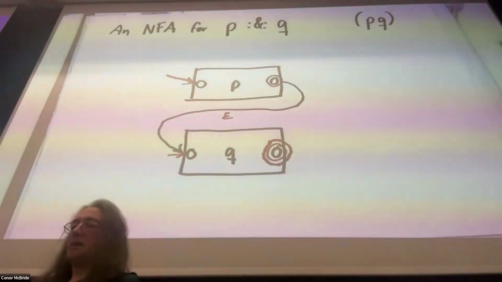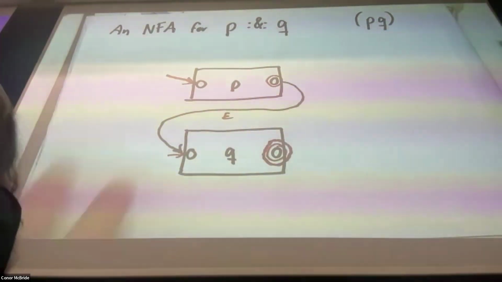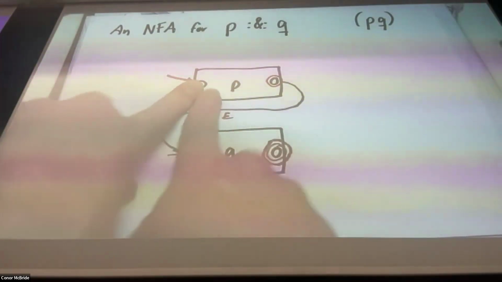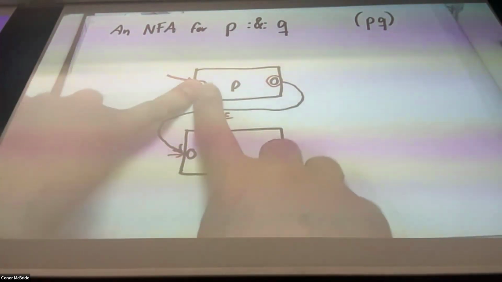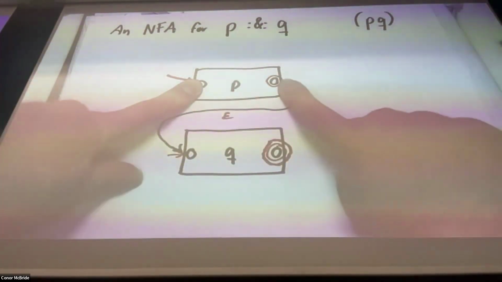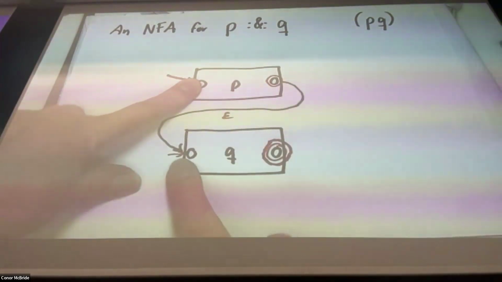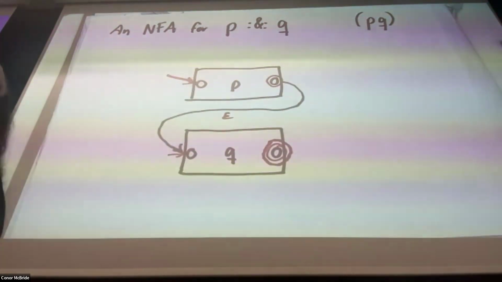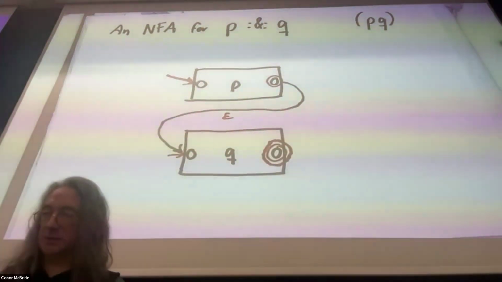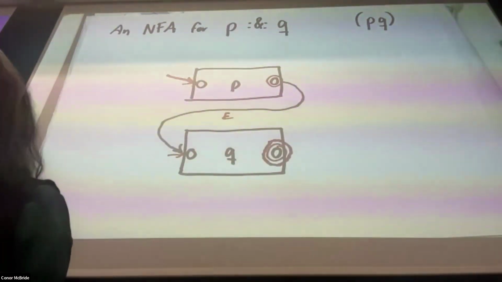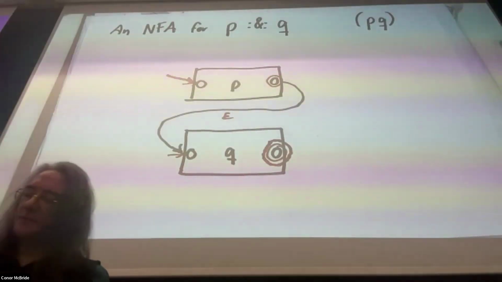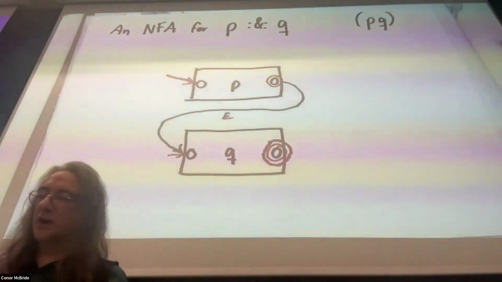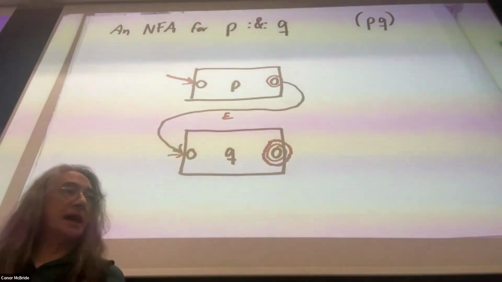So this will be happy to start here, and if we get something which begins with a thing that P accepts, we will find ourselves here, and then we can spontaneously move to the start of a Q, consume a Q, and be happy if we're happy to stop at that point. So we've got as far as P, then Q.